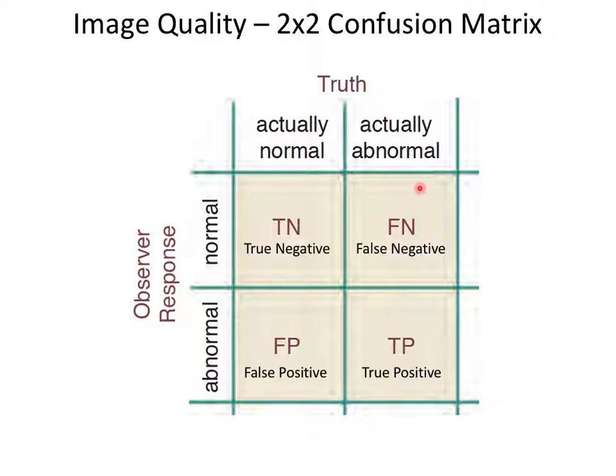So what happens is the observer looks at the picture, says, I don't think this person has the disease, calls them negative, but they actually do have the disease. That's a false negative call. The opposite is you call them positive, but they're normal.